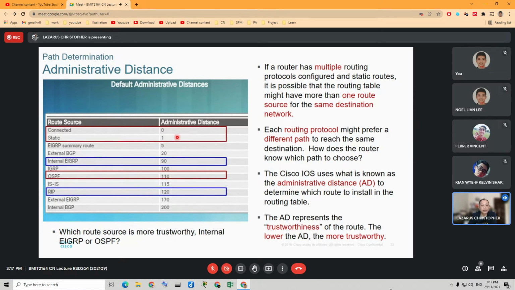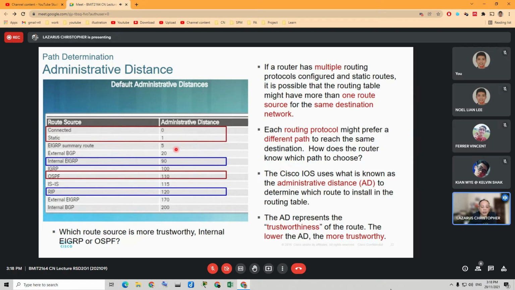So static is the next one, right? This is static, where the address is configured by the admin himself or herself, right? So it should be prioritized, just one higher than connected in administrative distance.